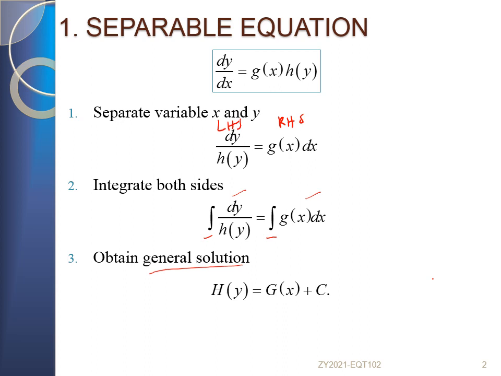After that, if you are given the initial condition, you need to substitute the initial condition, so you will get the particular solution. So let us take a look at the example.